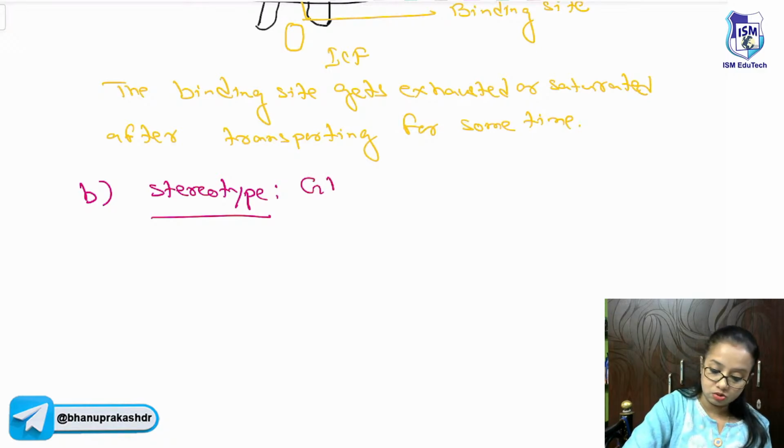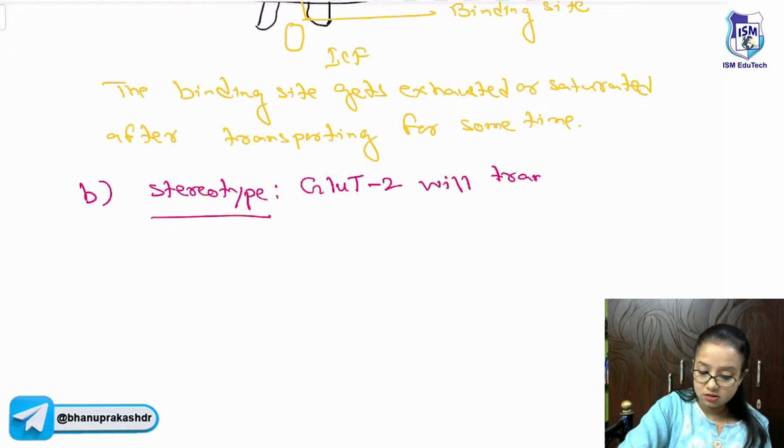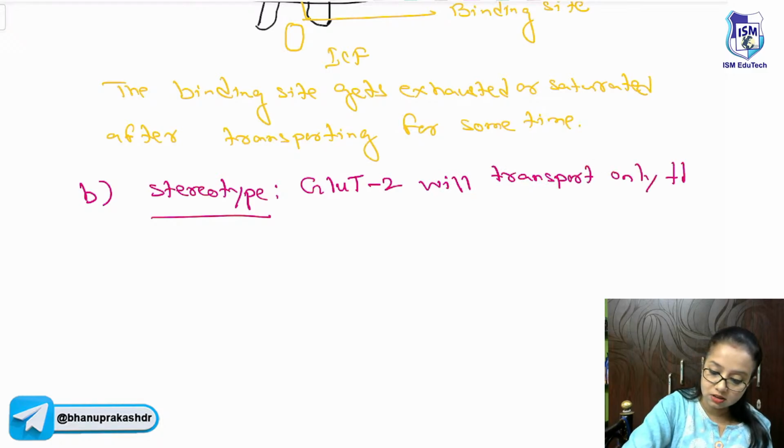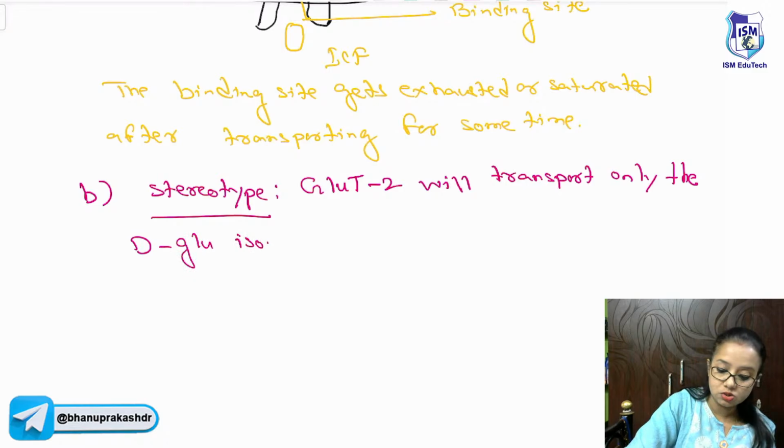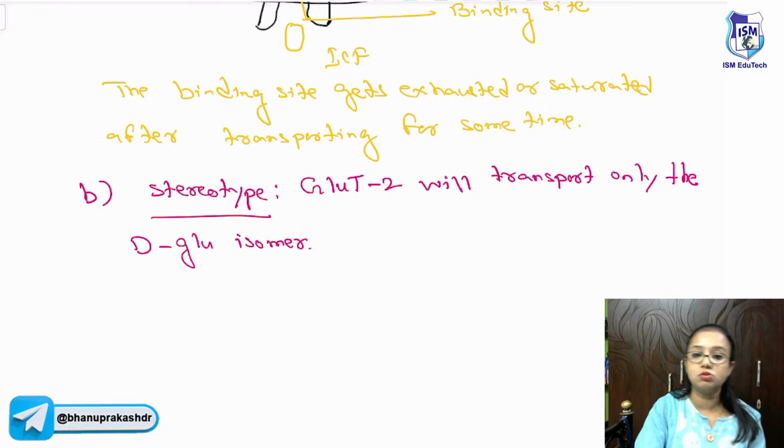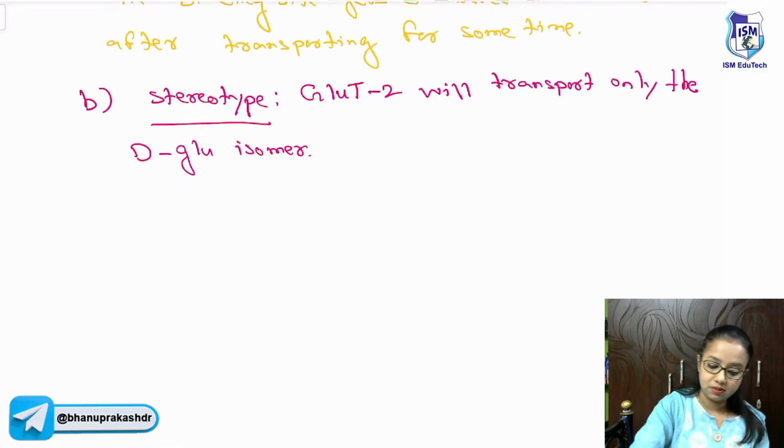Like GLUT2 will transport only the dextro, the D-glucose isomer. It will never transport the L-glucose isomer.